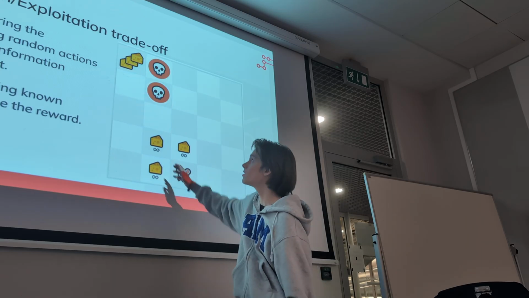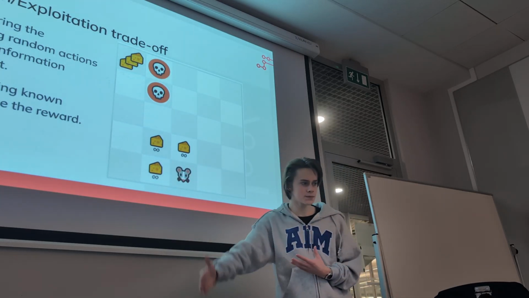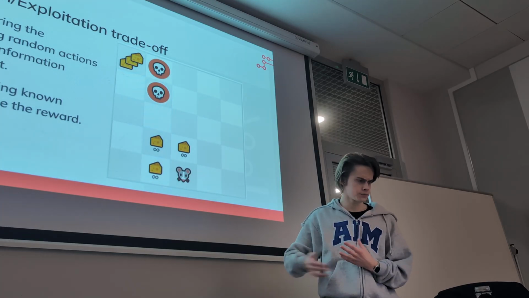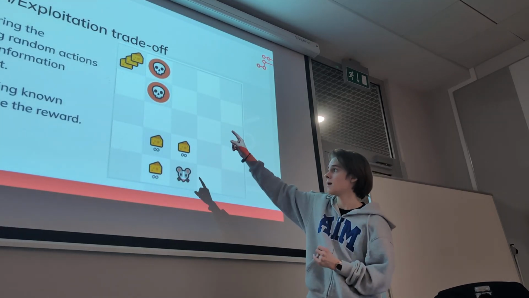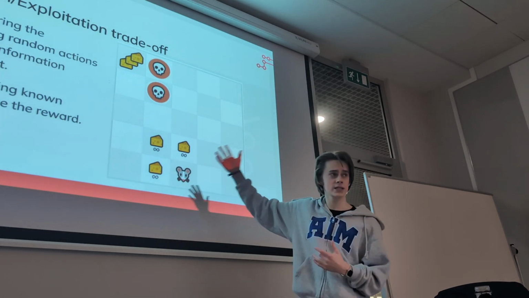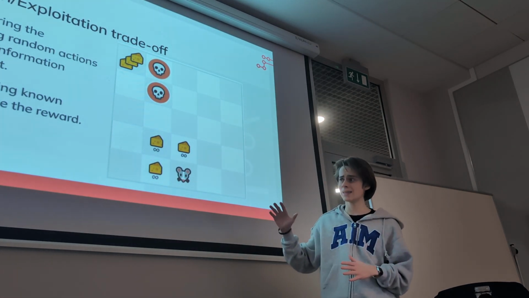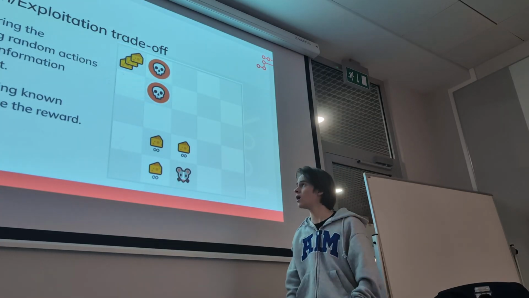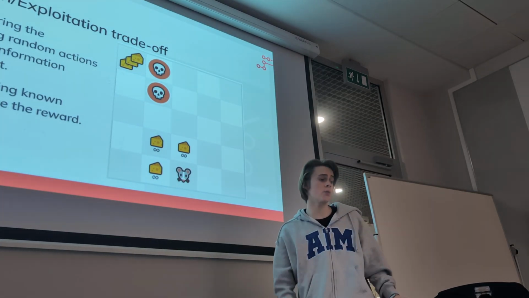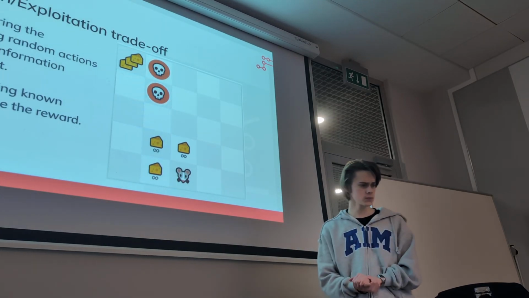But there are also 3 cheeses, not one. So the reward is bigger if we go that way, but at the same time it's more risky to go that way. So in our reward function, we define how risky we want to be in our decision making.